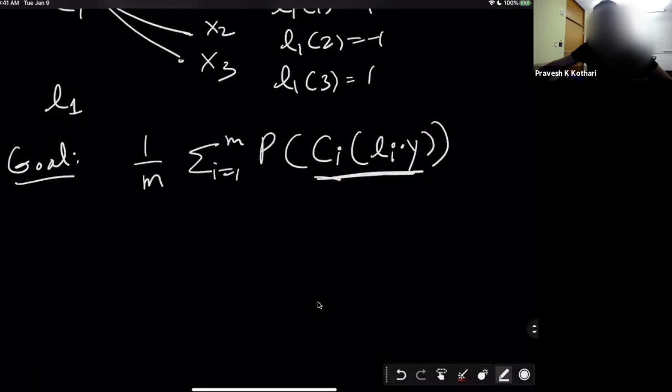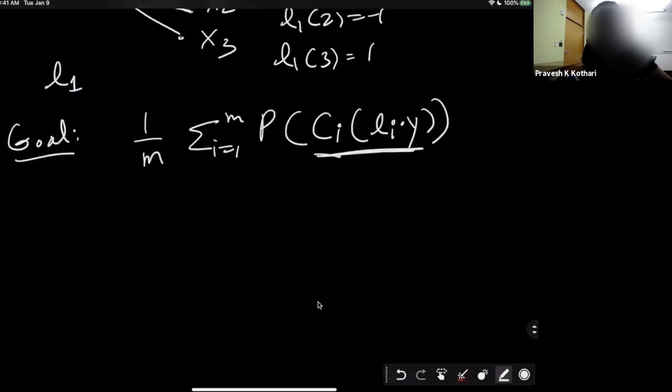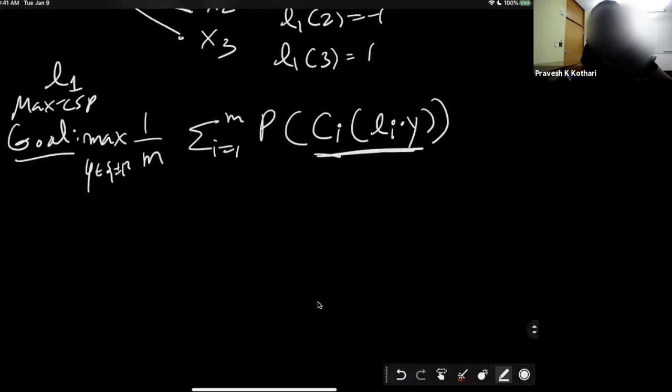This is just a cumbersome way to describe what it means for an assignment to satisfy a 3-SAT constraint, which might have negations. Okay, so hopefully this is not too daunting, the notation itself, but that's how you would write it. Good. And so this is the max CSP goal. So, maximize this over all y in plus minus 1 to the n.